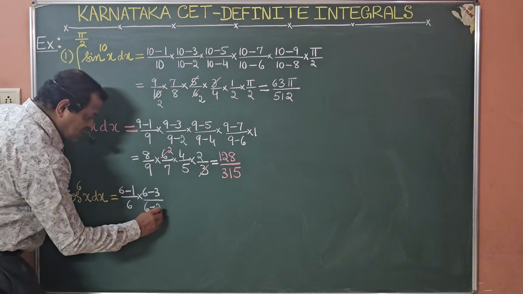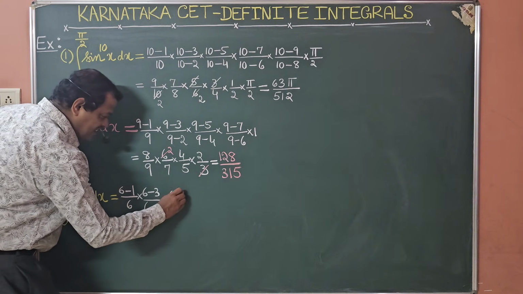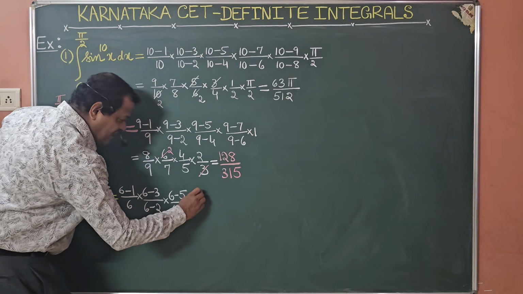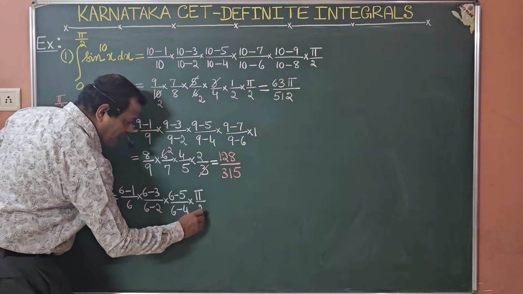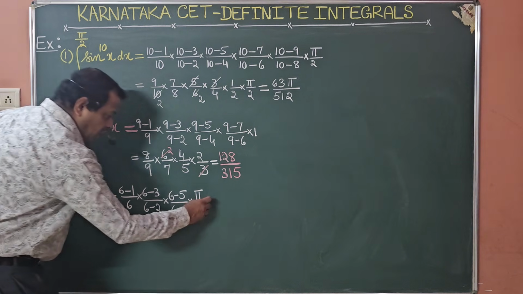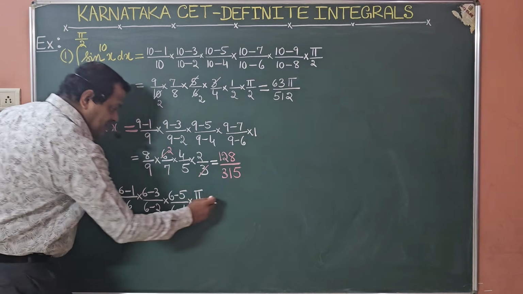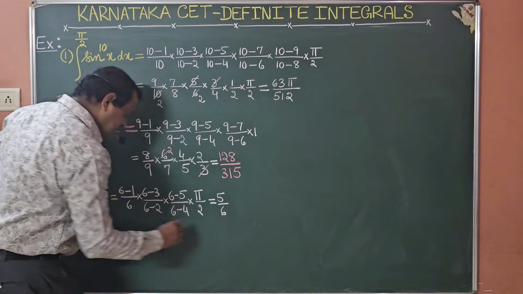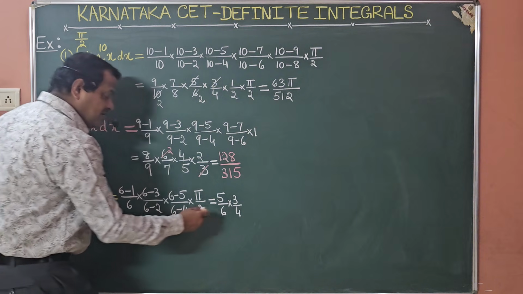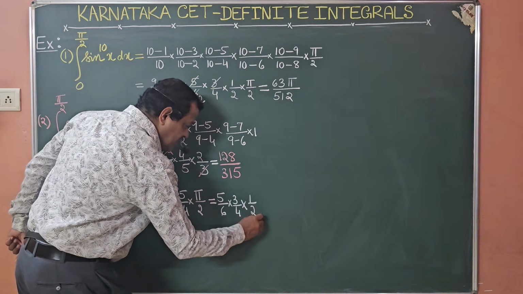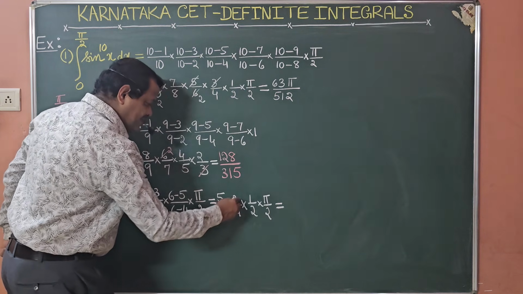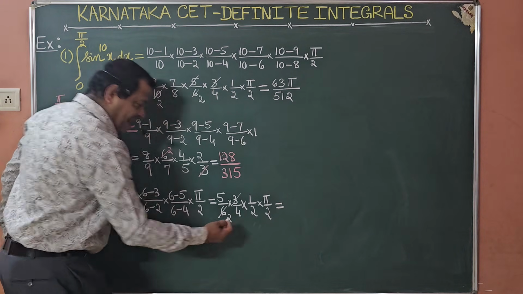6 minus 2 into 6 minus 5 by 6 minus 4 into finally there is pi by 2. Why? Because this n 6 is even, or this number is 5 by 6 into, this is 3 by 4 we have, and next is half 1 by 2 into 5 by 2, and this product, so 3 goes here in 6, 2 times.